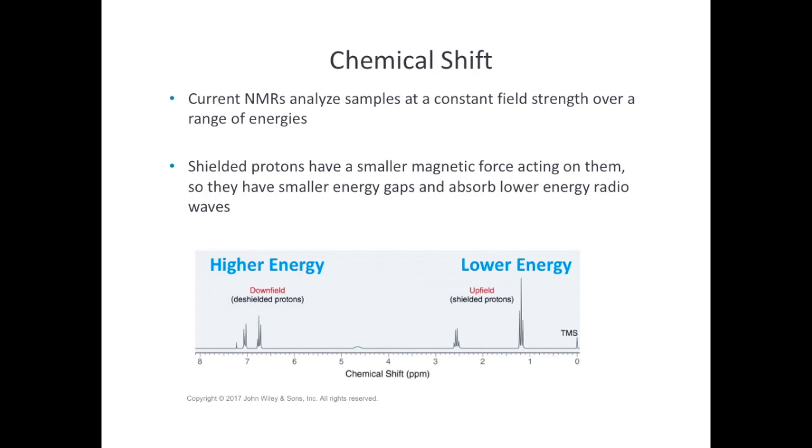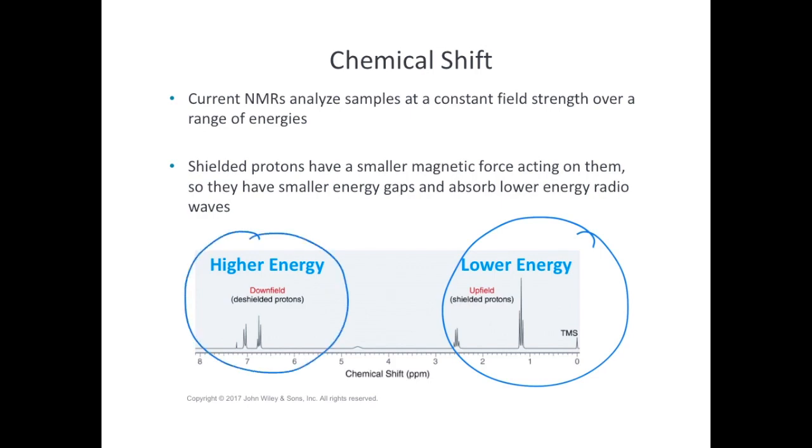As a result, there's a smaller energy gap between the low and high energy spin states, and therefore it requires less radio energy to flip the spin states. And therefore those protons are going to show up upfield, versus protons that are deshielded, which means they experience more of an external magnetic field, which means they require more energy to flip their spin state from the alpha to the beta, and those will show up downfield in this area.